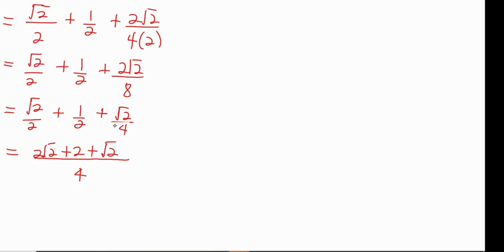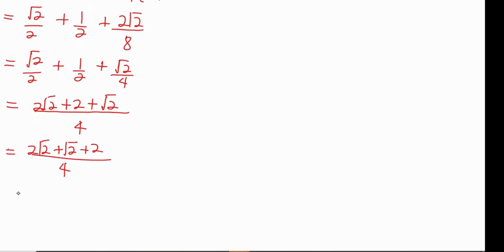Now having done that, we can see that there are like surds here, so that is 2 root 2 plus square root of 2, then definitely we are going to group them and add. So 2 square root of 2 plus square root of 2 plus 2, all divided by 4.